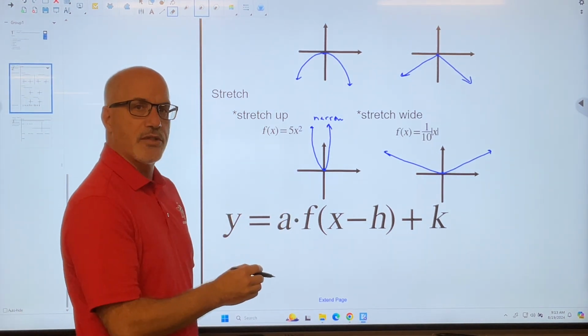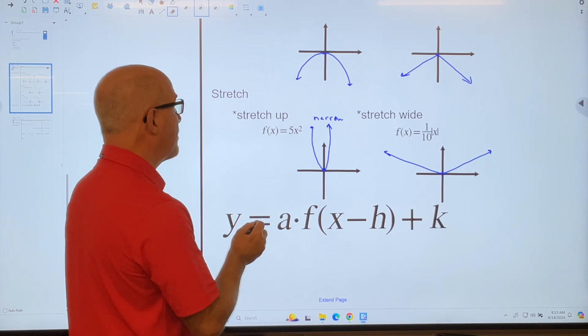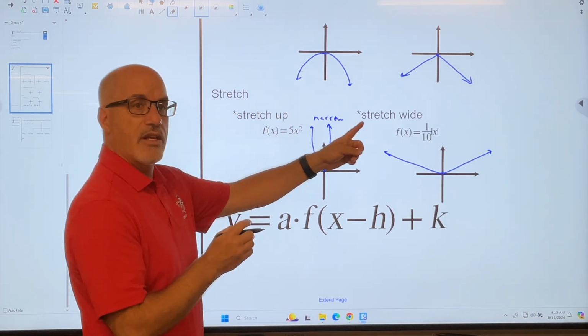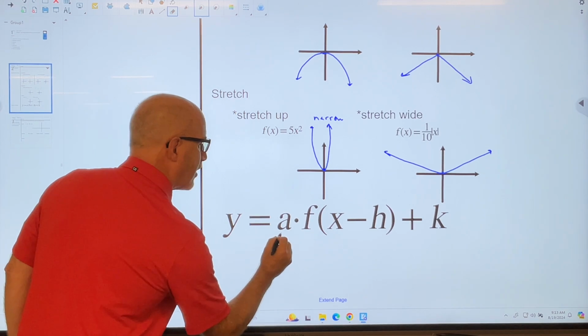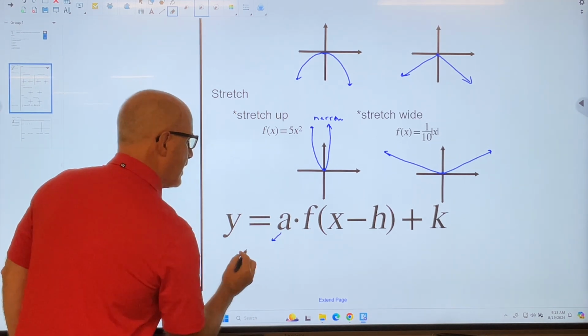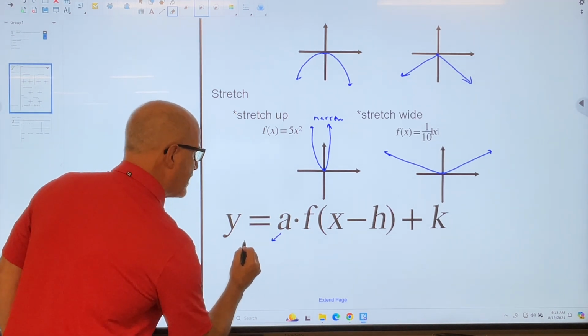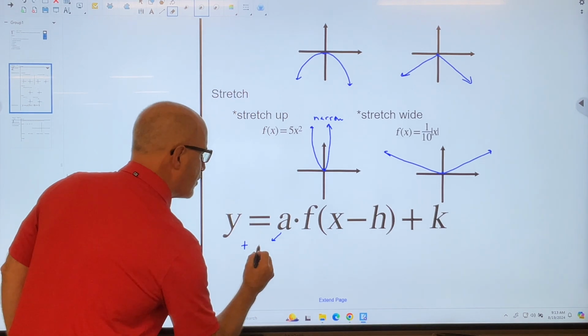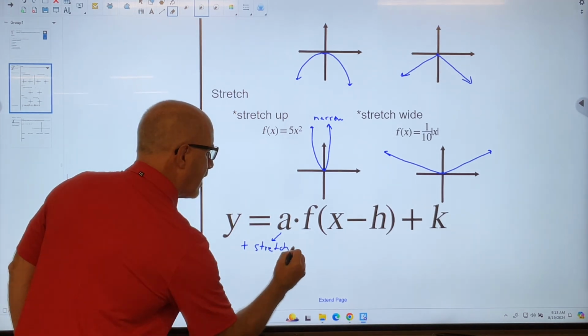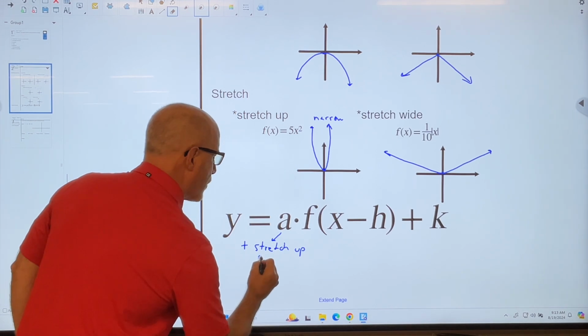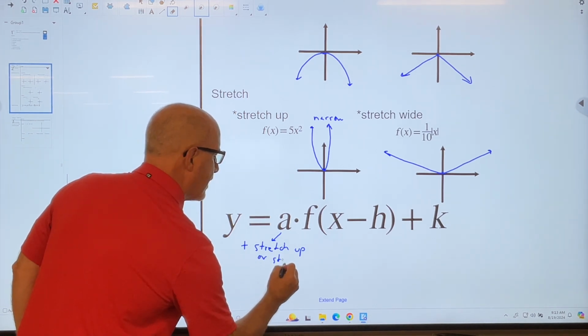So in summary of these changes, these different numbers, what they do: the number in the very front that's being multiplied, that's going to be something that could either stretch it, either up or down, or it could flip it. So this thing here, if it's positive, it's going to stretch up or stretch wide.